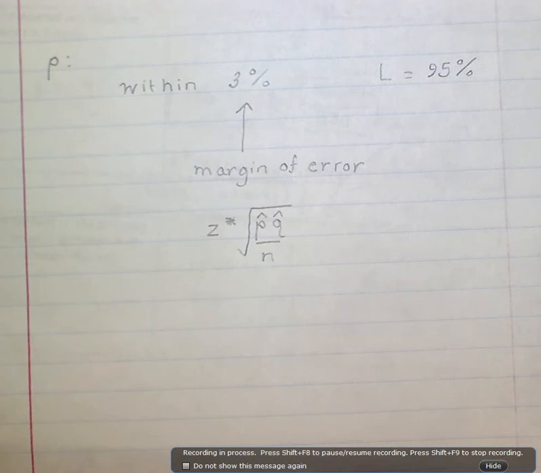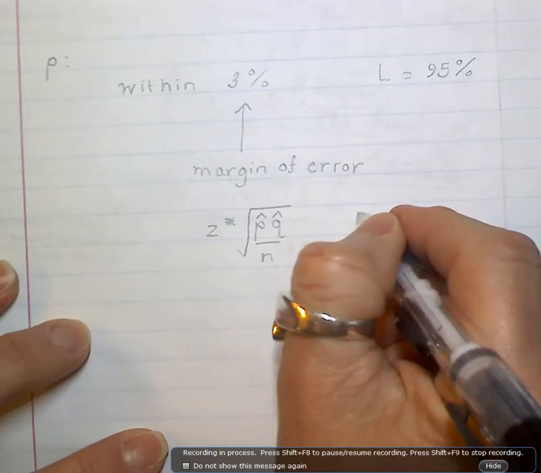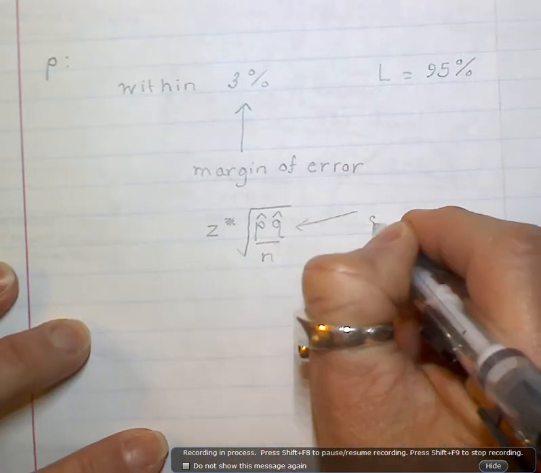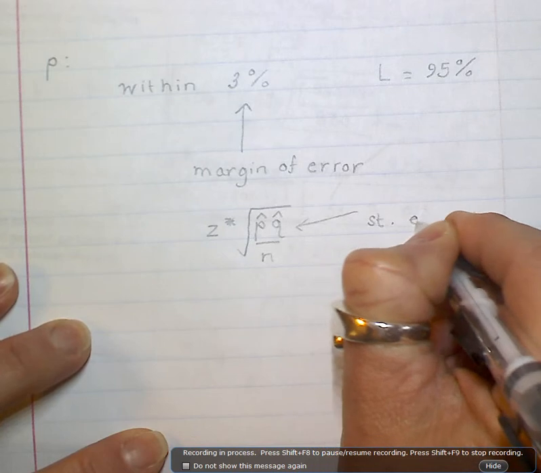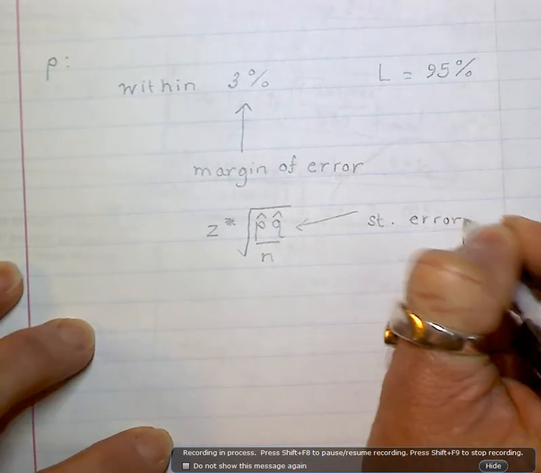Now the most common mistake I see students make with this is they mix up margin of error with standard error. The margin of error is all that follows the plus or minus. The standard error is just the appropriate standard deviation formula.